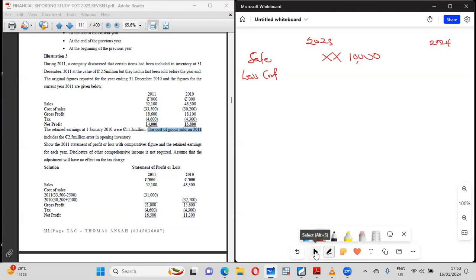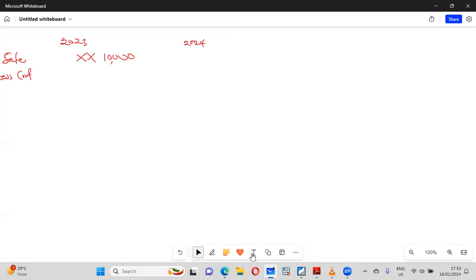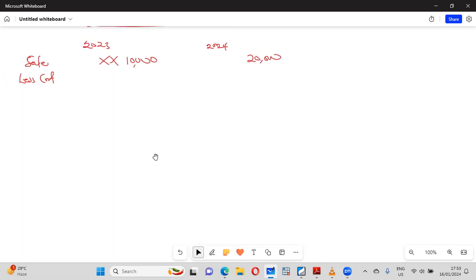And so let's say this one, we have something like 20,000. And then you bring cost of sales. This is how we used to do it. We have what we call opening stock. So let me say 10,000.